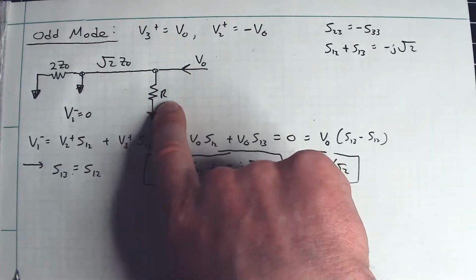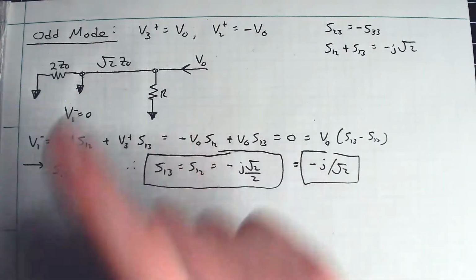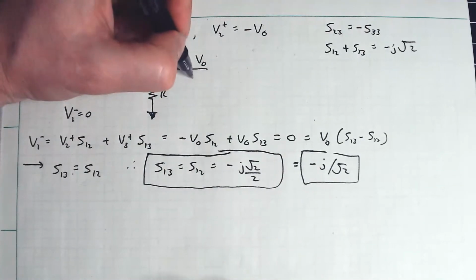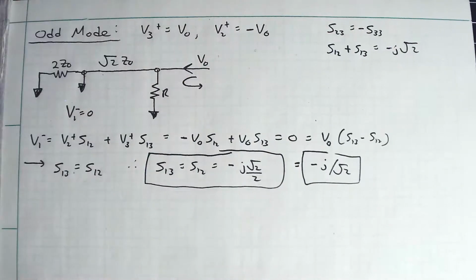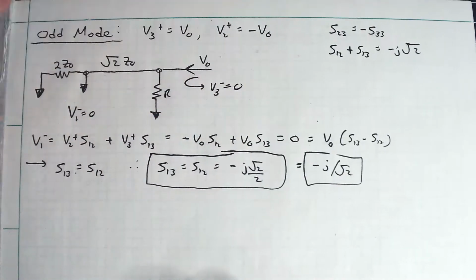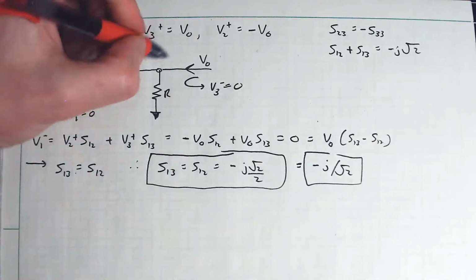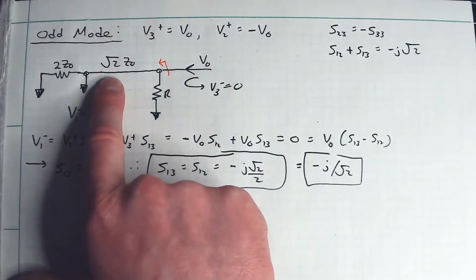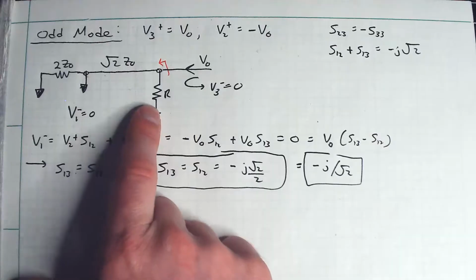Okay, so I still need to choose this R value here as well. So under this particular situation, again, what I want is for there to be no reflections here. Okay, so V3 minus is equal to 0. So how do I impose that condition? Well, the answer is just look at the equivalent input impedance down this parallel combination of that length of transmission line and this resistor.